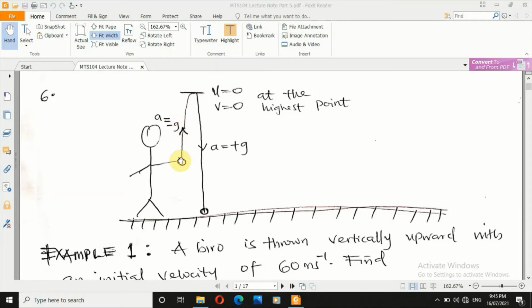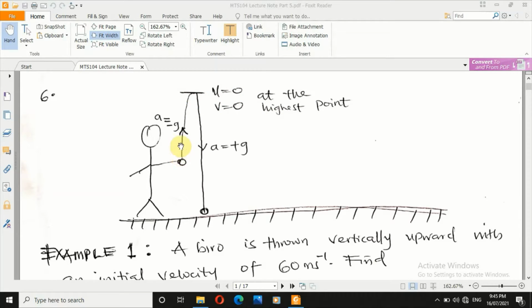So the acceleration for this motion from here to here is minus. And when it gets here, you know that the velocity is actually 0. And when the velocity is 0, then at this point the final velocity is 0, and for the one that is coming down, the initial velocity is what? It is 0. That is why you see u is 0, v is 0 at the highest point.